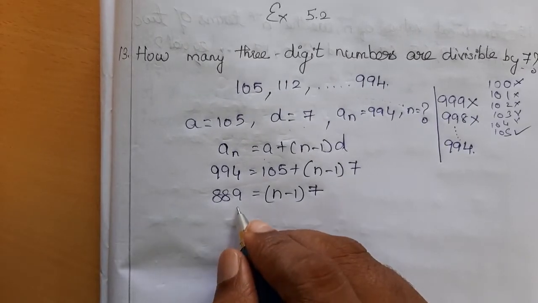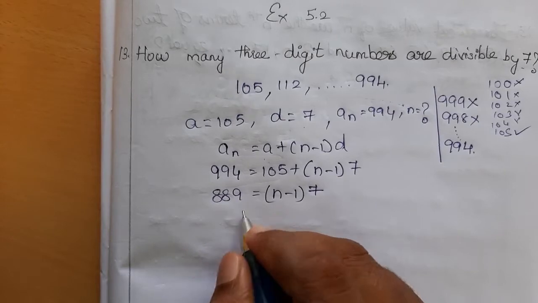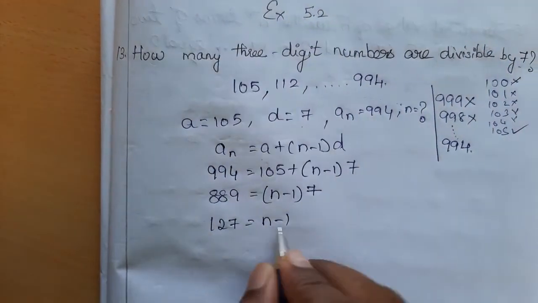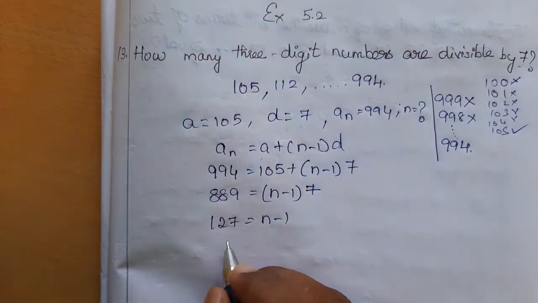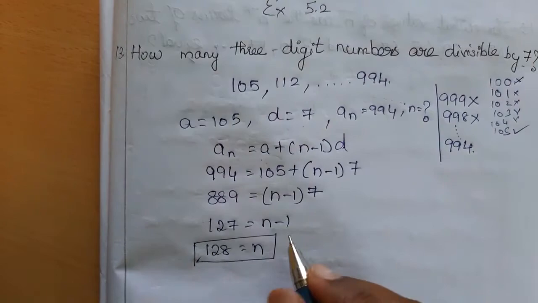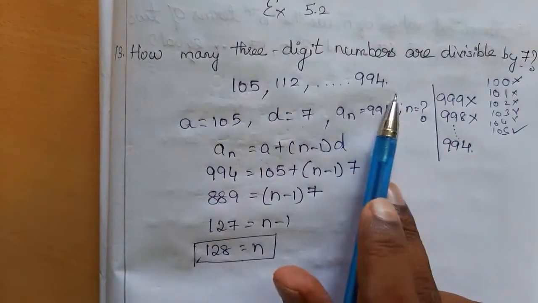It will be divisible by 7, sure. The 7 table gives 127. So 127 is equal to n minus 1. So 128 is equal to n. So there are 128 terms of the AP.